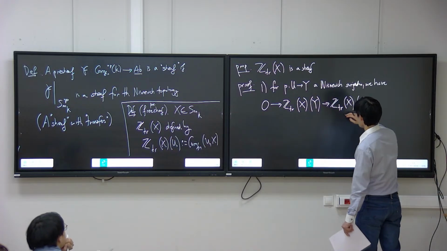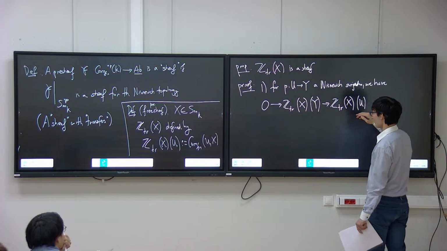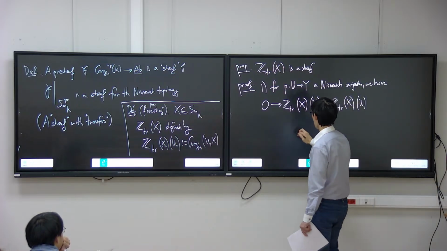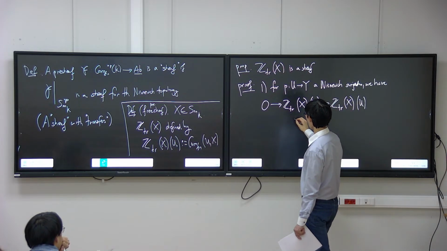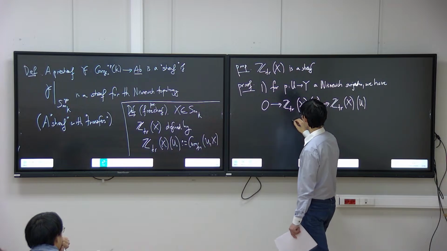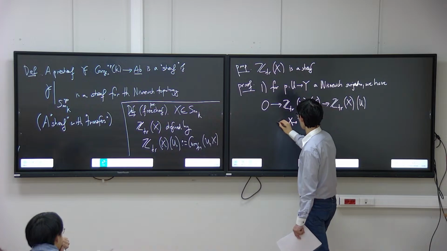So this map here, for example, is given by composition of correspondences. Here you have a correspondence from X to Y, some correspondence.